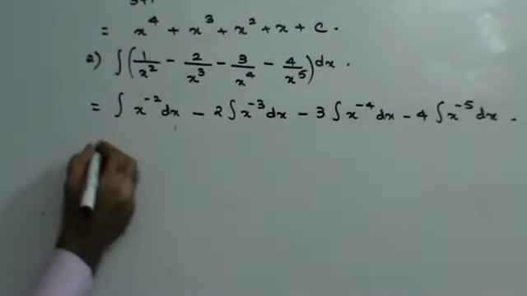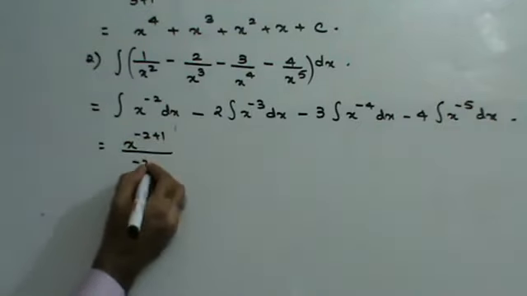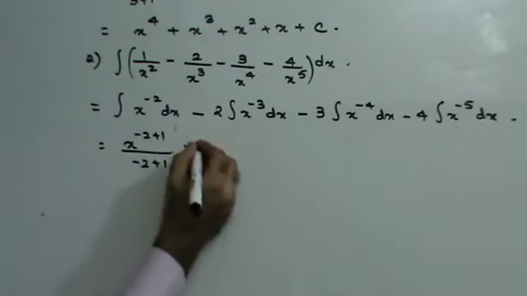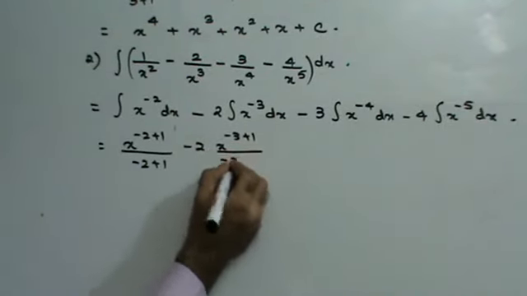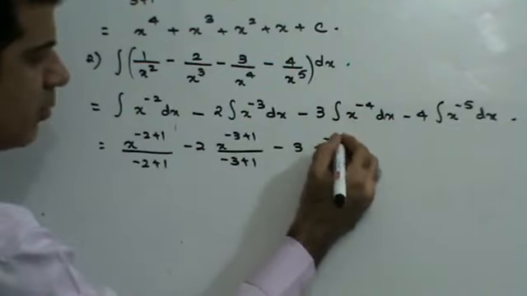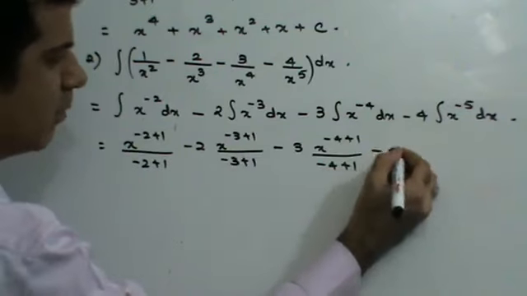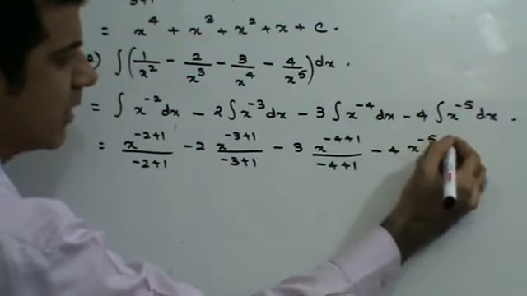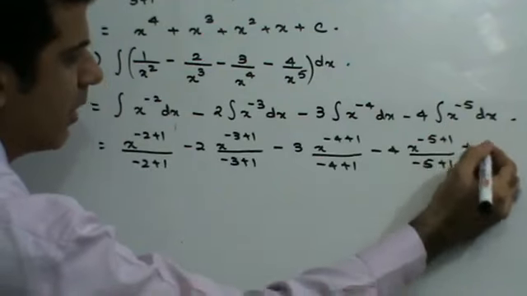Now this is going to be x raised to minus 2 plus 1 upon minus 2 plus 1, minus 2 times x raised to minus 3 plus 1 upon minus 3 plus 1, minus 3 times x raised to minus 4 plus 1 upon minus 4 plus 1, minus 4 times x raised to minus 5 plus 1 upon minus 5 plus 1, plus c.